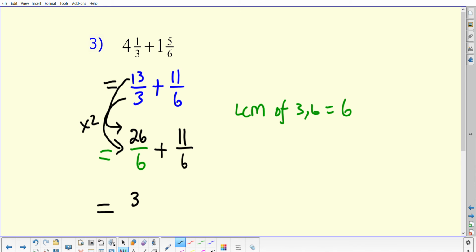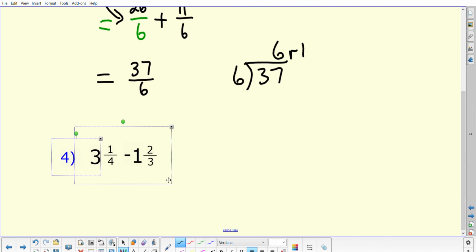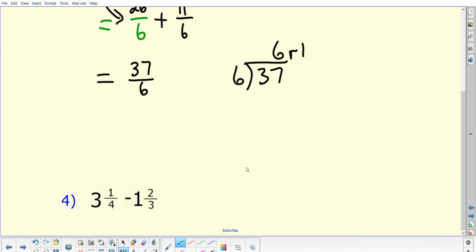So you're going to have 26 add 11 is 37 over 6. It's a top heavy fraction. I'd be looking for you to do 6 into 37, goes in 6 times remainder 1. So you can easily change that back into a mixed number. So that would become 6 whole pieces and 1/6.